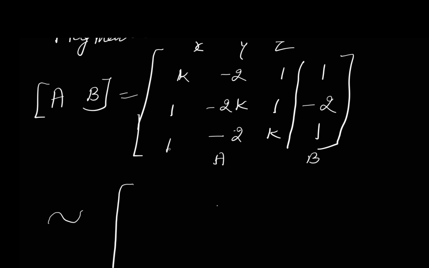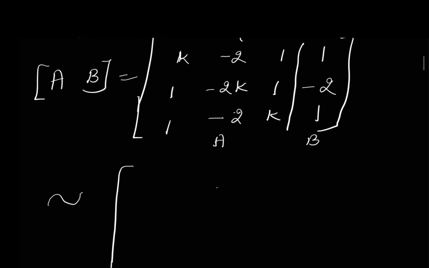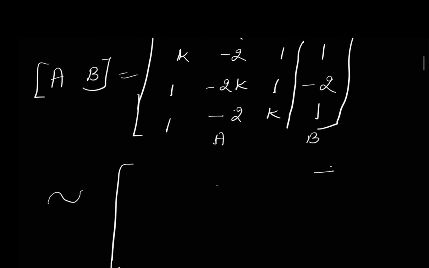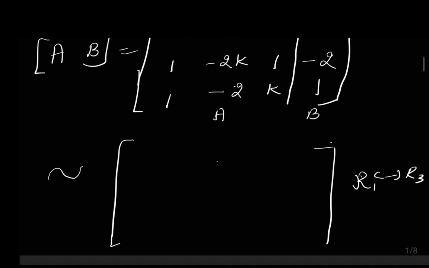Both have 1, 1. But in this case, I do the transformation with R1 and R3. We interchange R1 and R3 just to bring the k into the last row.